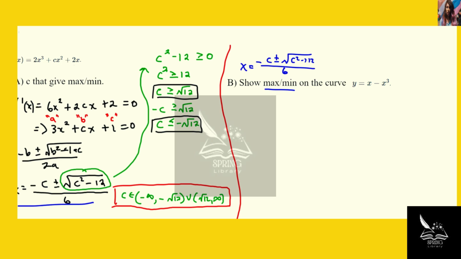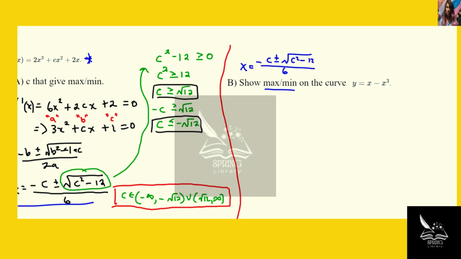We want to show that this gives the same output for our function f of x as it does for the curve y equals x minus x cubed.